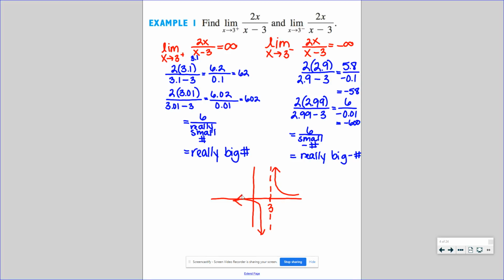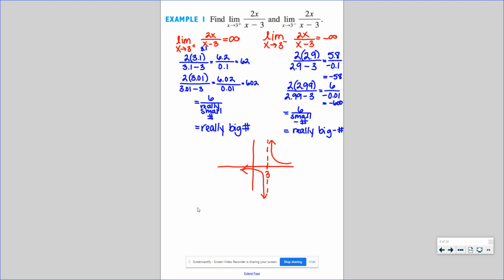That's supposed to be closer, but you get the point. Going closer and closer to 3, I get a graph that goes downward to negative infinity. So we're going to make a quick statement here that says that we have a vertical asymptote at x equals 3. Okay.